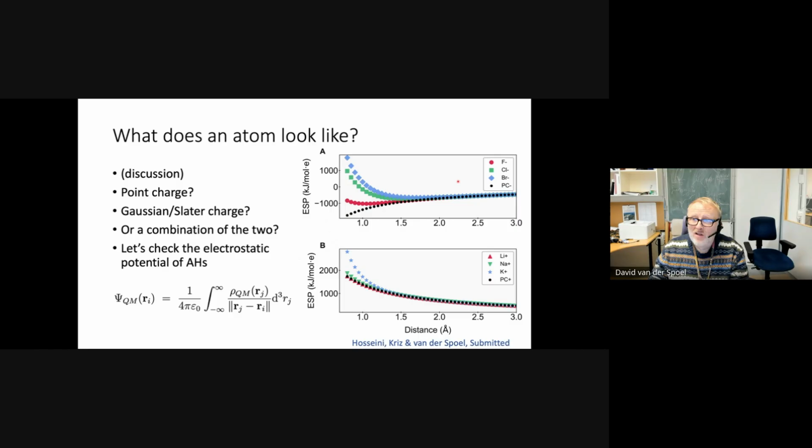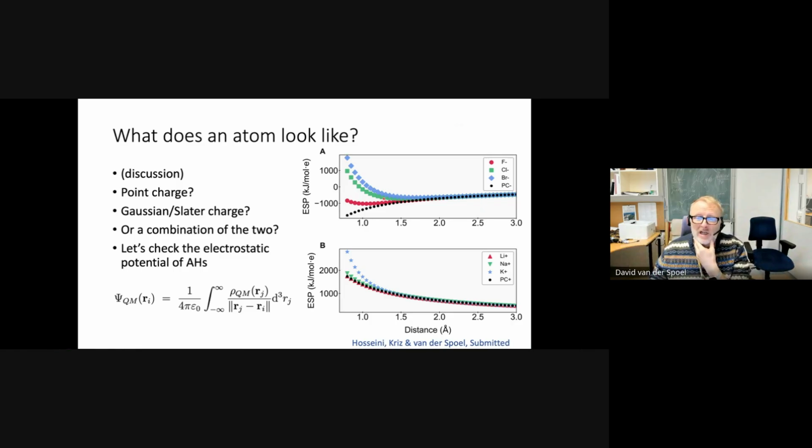If we take, for instance, bromide, which is the largest of those 3 ions, then we see that at short range, actually the electrostatic potential becomes positive. The reason for this is that if you have the core of the atom and a large electron cloud around it, if you come too close to the core, you will feel the core much more than you feel the electron cloud, which is already outside of you.